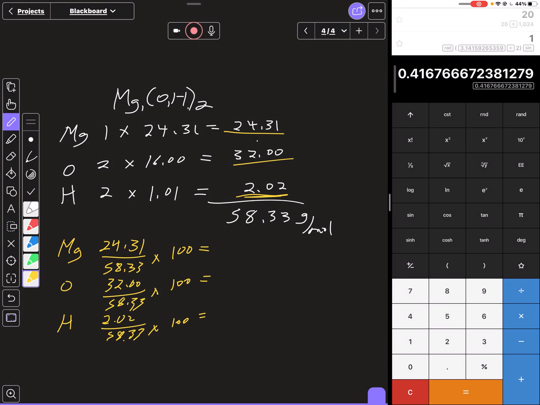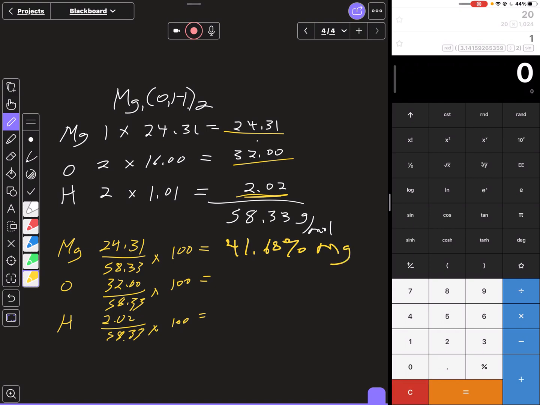And that gives me 0.416, but I'm going to multiply that by 100 to get a percent. I'm going to round this to 2 decimal places. So for magnesium, that would be 41.676, which would be 41.68%, and that's magnesium.